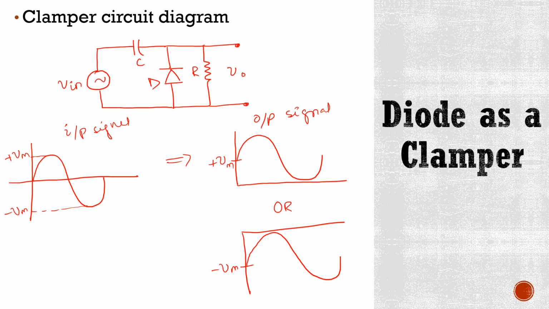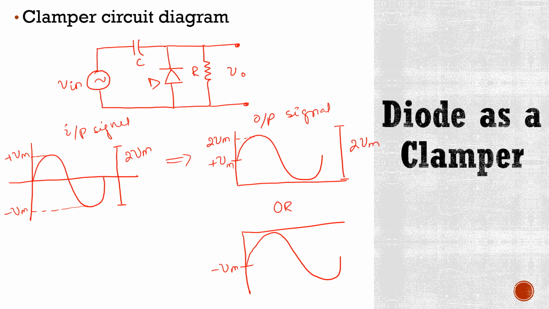Now look at this input signal. Here the peak to peak amplitude of this signal is 2 Vm. Now look at this output signal. Here this point is 2 Vm. It means the peak to peak amplitude of this signal is also 2 Vm.